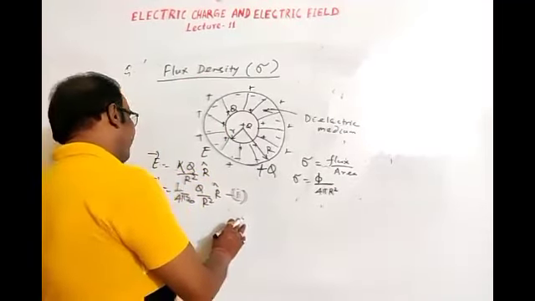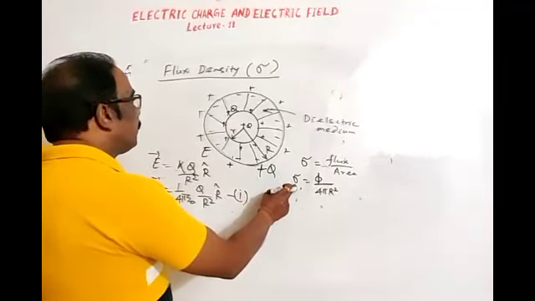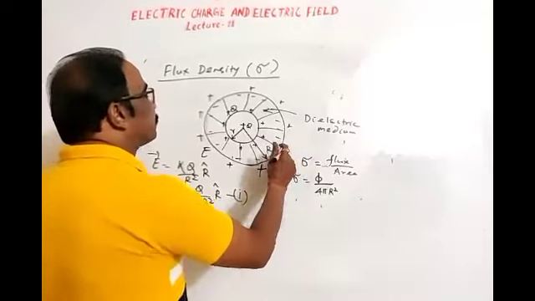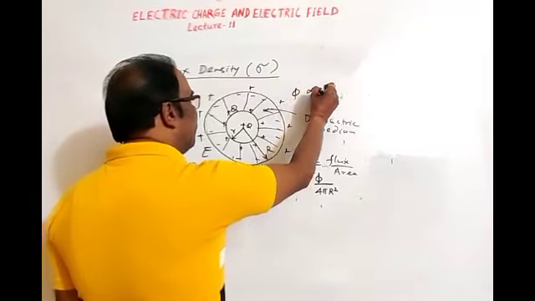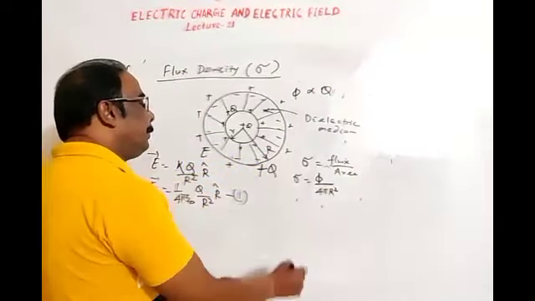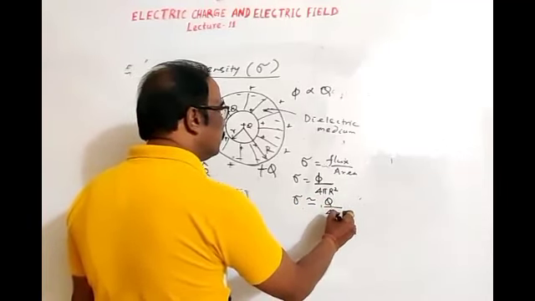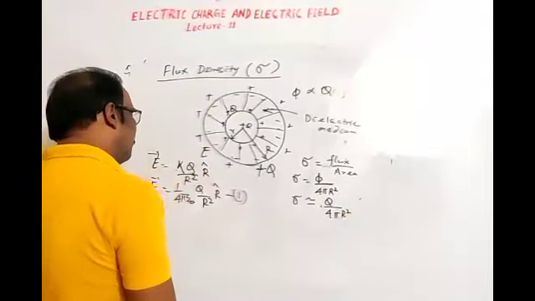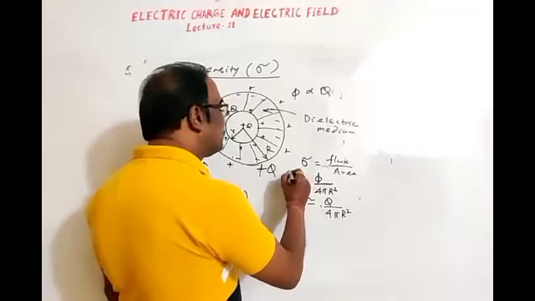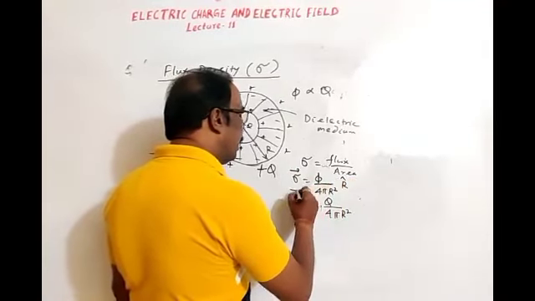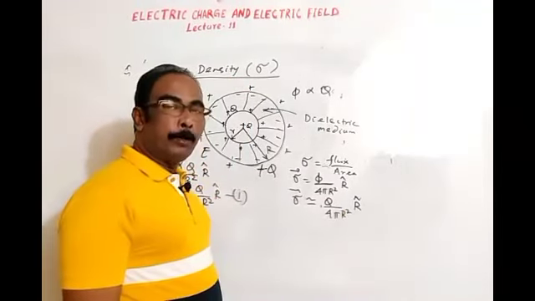Then we got the electric field and we got the formula for flux density. Since total flux is directly proportional to charge, this is also equivalent to charge per unit area. Now the electric field magnitude. Flux density is also a vector, so you may put R cap here. Flux density is a vector quantity.